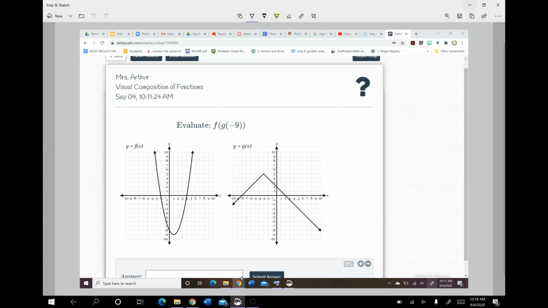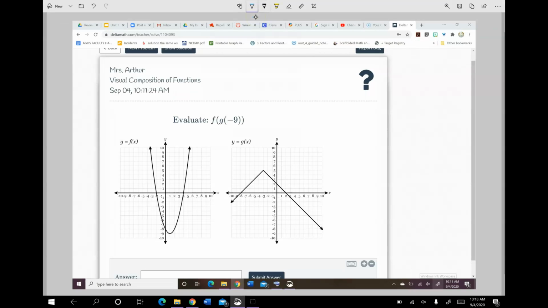Okay, so last graph one. This one, same concept. You need to work inside out. So I'm first going to find g of negative 9. So I go to the g function, which is right here. And when x is negative 9, where does it run into that graph? Right here at this point, which is negative 1.